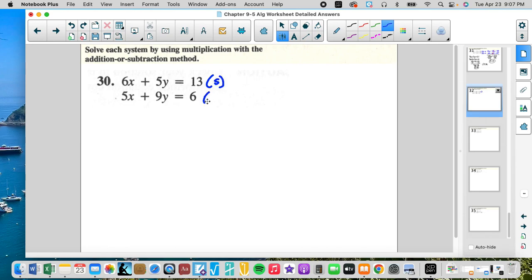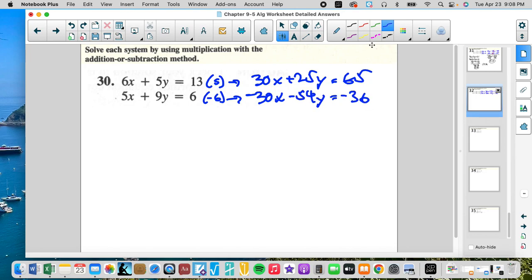We'll make that 5. We'll make this negative 6. That's going to be 30x plus 25y equals 65. This is going to give us negative 30x minus 54y equals negative 36. The x's cancel.